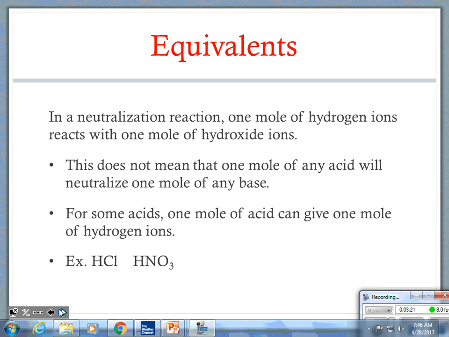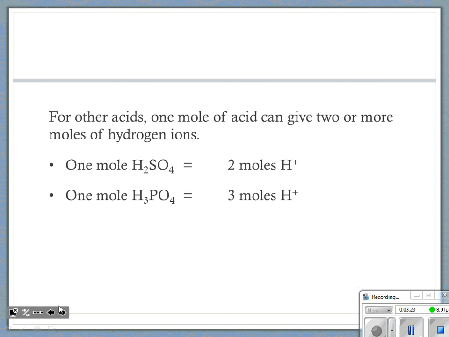Now, for other acids, we can have more than 1 mole of hydrogen ions.